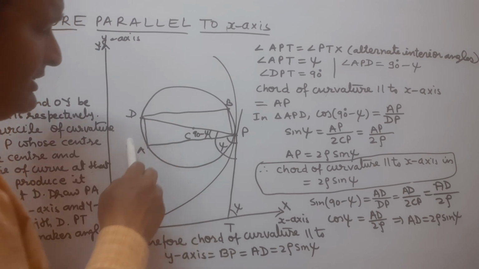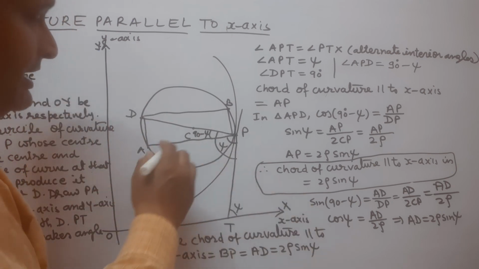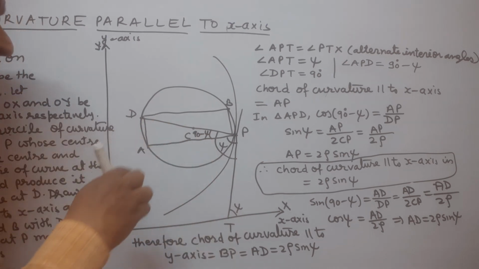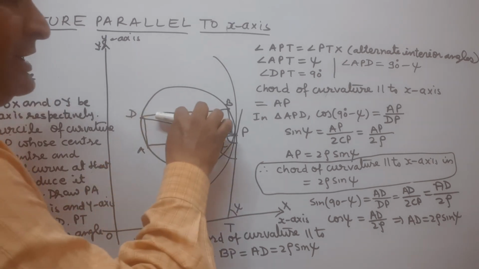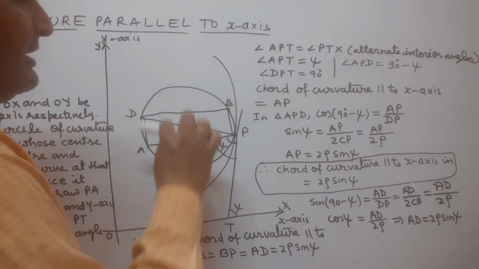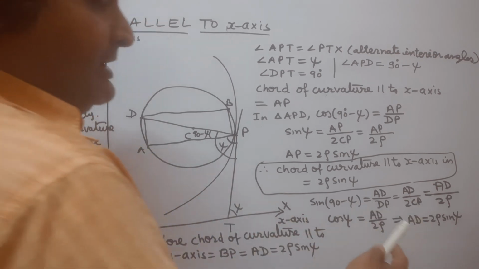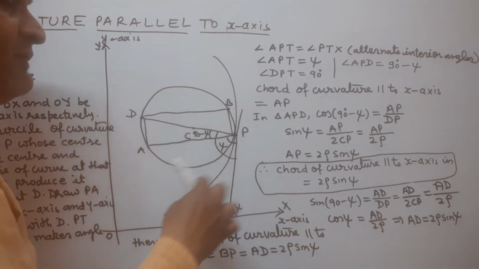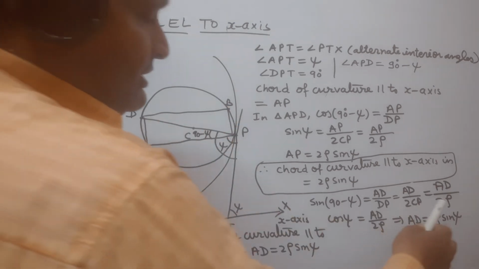And in this triangle APD we can find sin 90 minus psi, which is equal to perpendicular upon hypotenuse, that is AD upon DP. We can see from the figure DP is twice of CP, and CP is the radius of curvature of the given curve at point P, so this is rho.